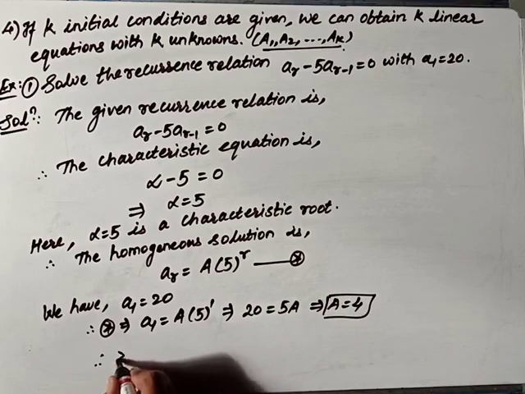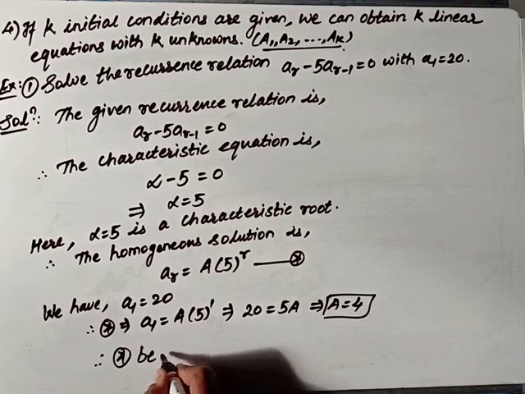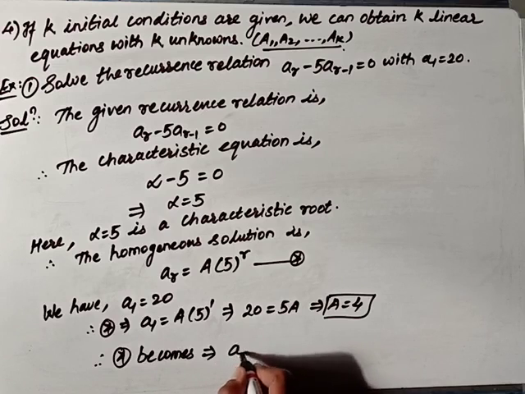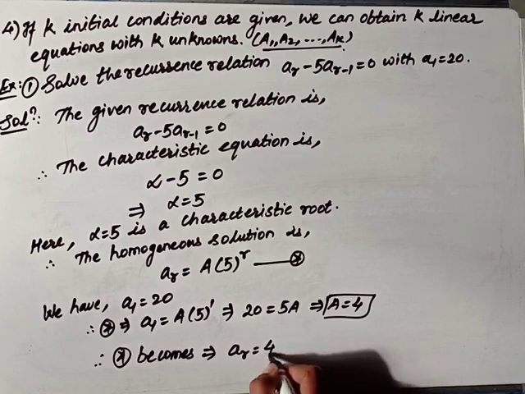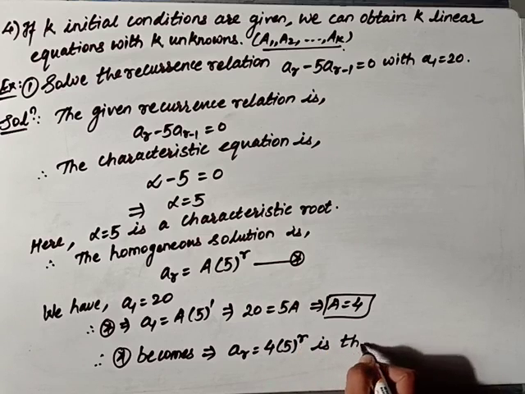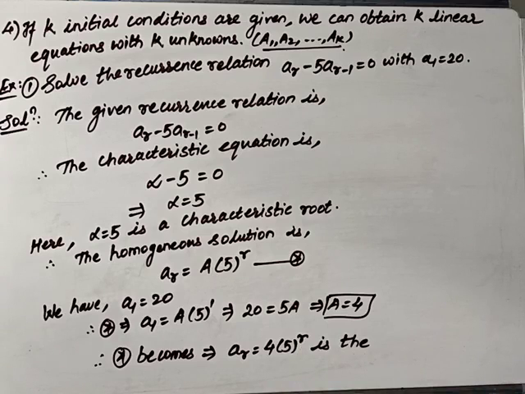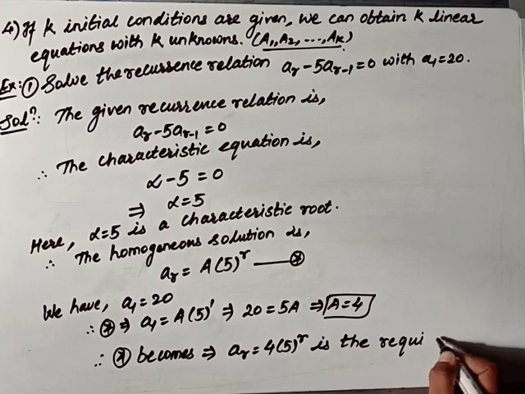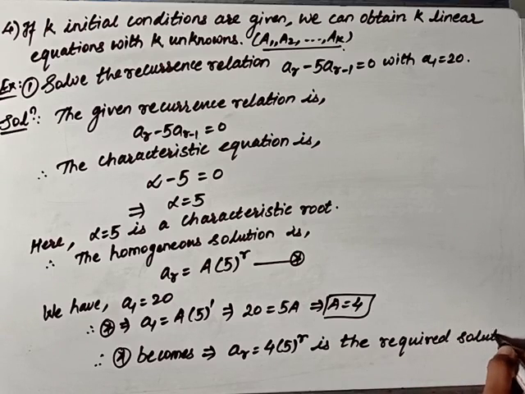Therefore, star becomes a_r is equal to 4 times 5 raised to r, and this is the required solution.